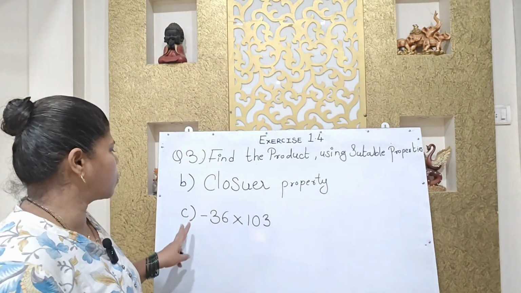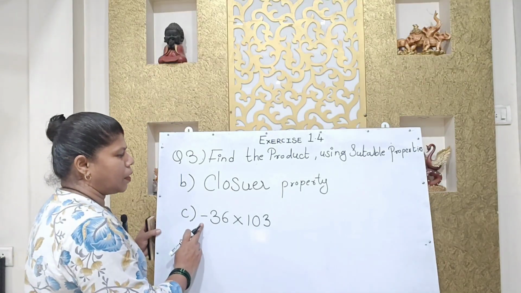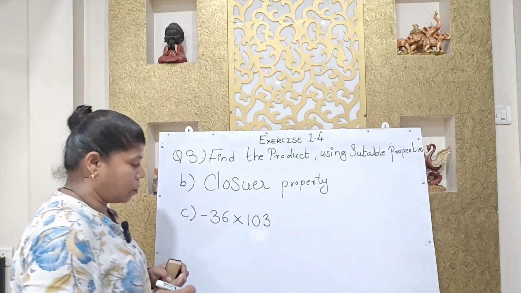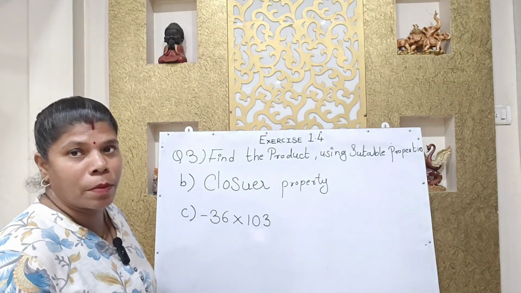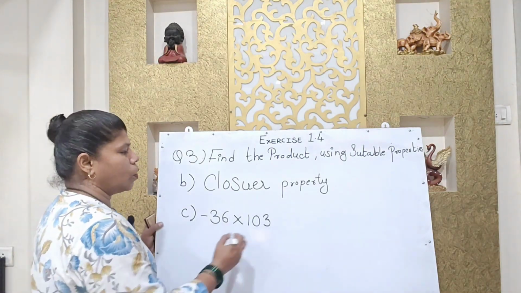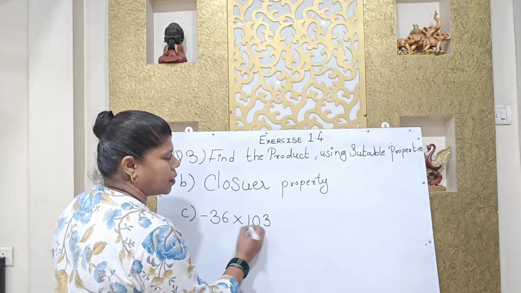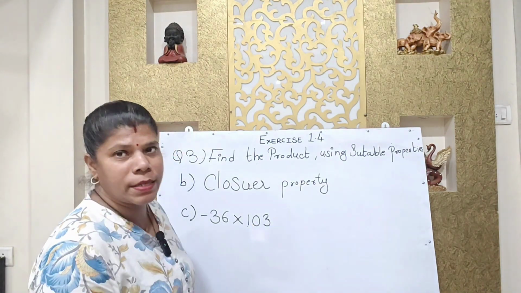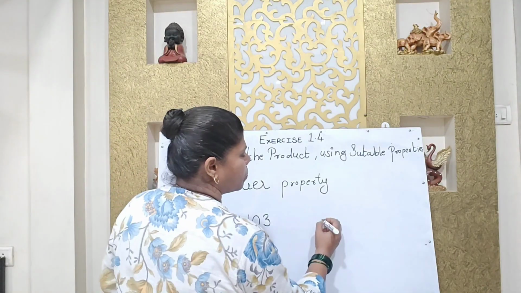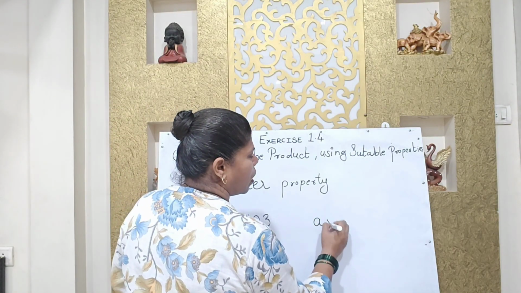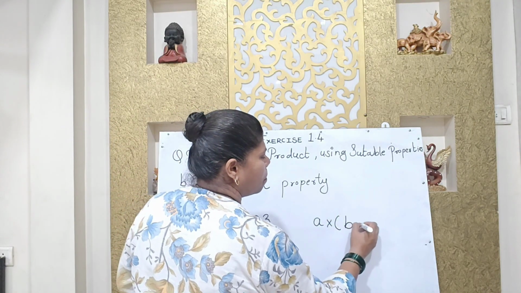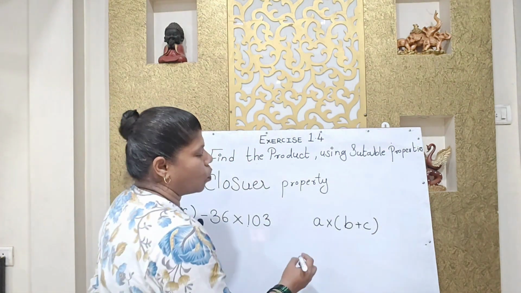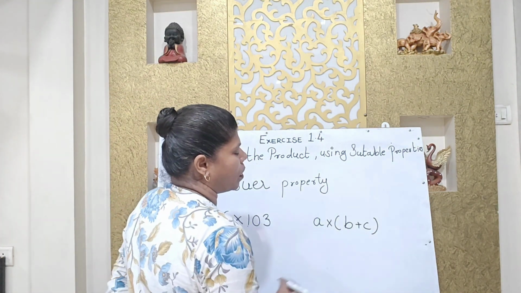Closure property. Next, question number 3. Minus 36 multiplied by 103. Here we have to use some property. Now we can split this 103 in the form B plus C, like the distributive formula A multiplied by B plus C. This is the distributive formula of multiplication over addition.